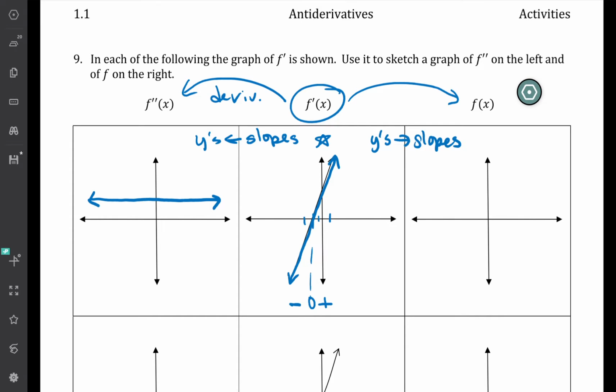So I need to draw a graph that has negative slopes, and they start off really big, negative, and then they start getting less negative, and then right where the x-intercept was, like this point right here, becomes a flat spot. Zero slope means you have a horizontal tangent, which makes a little flat spot on your graph.